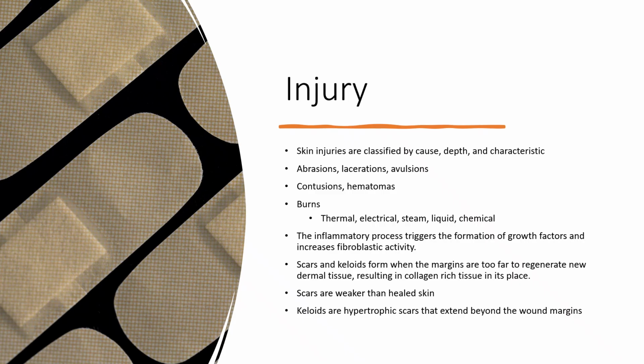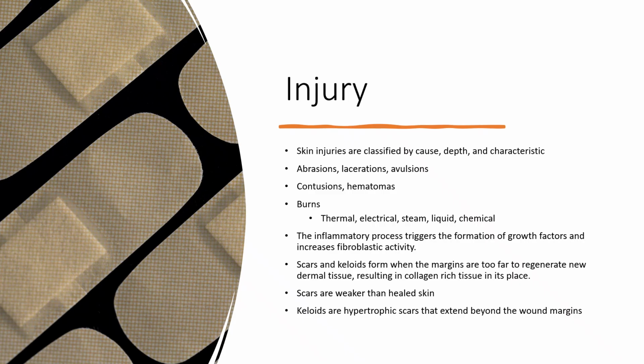Lacerations can go through the epidermis and dermis, all the way down into the hypodermis and even deeper. Abrasions are caused by friction, whereas lacerations are usually caused by some sort of sharp object. And avulsions are where we create a flap of tissue and take a chunk out.